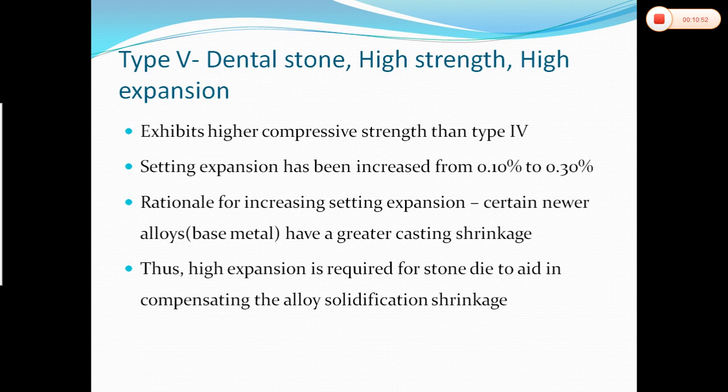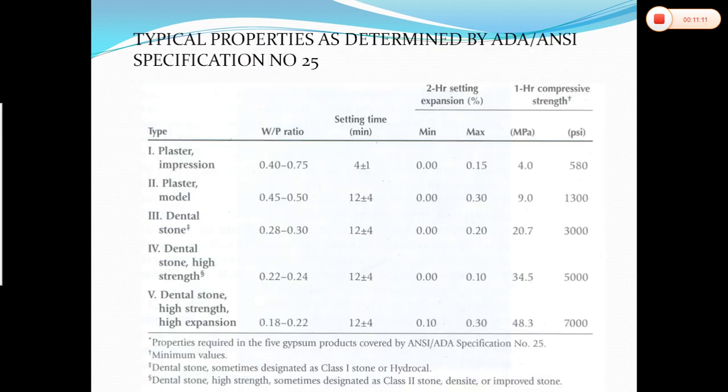Thus, high expansion is required for the stone die to aid in compensating the alloy solidification shrinkage. To compensate for the alloy shrinkage, these dental investments have to have the property of expansion. And as you see here, type 1, type 2, type 3, type 4, type 5. See the water powder ratio. Type 1 requires 0.41 to 0.75, as it requires more water content.